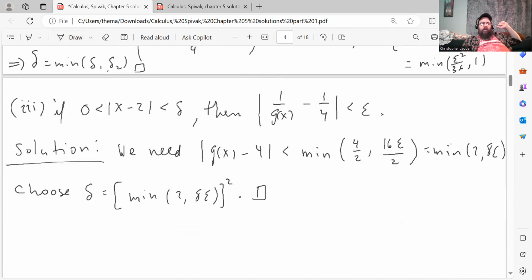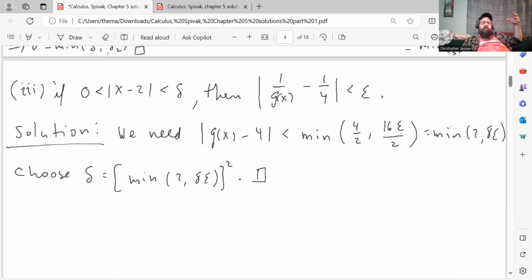All right, part 3. Again, these all refer back to those 3 lemmas that we looked at in the summary of the chapter. If 0 < |x - 2| < delta, then |1/g(x) - 1/4| < epsilon. So we need to find that delta.